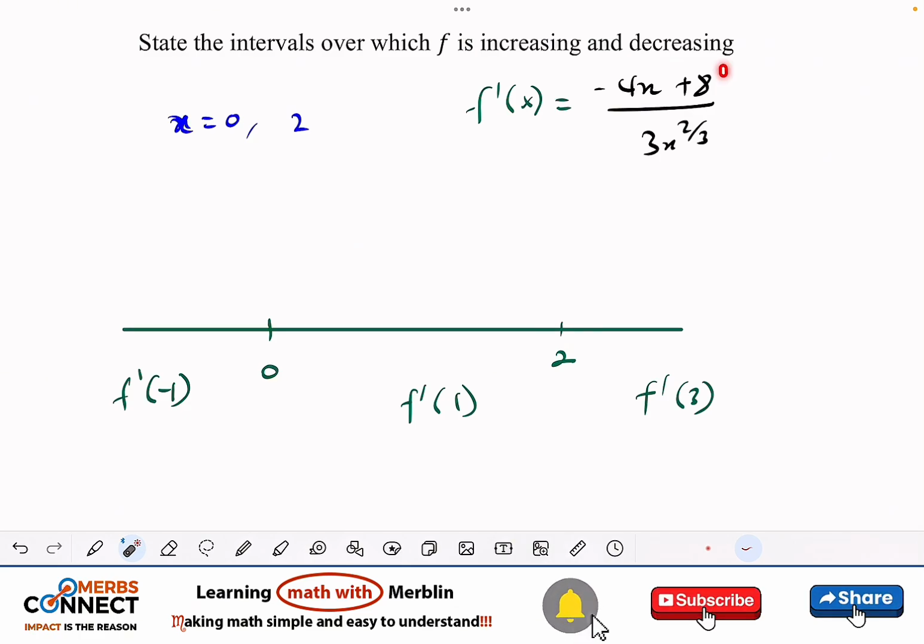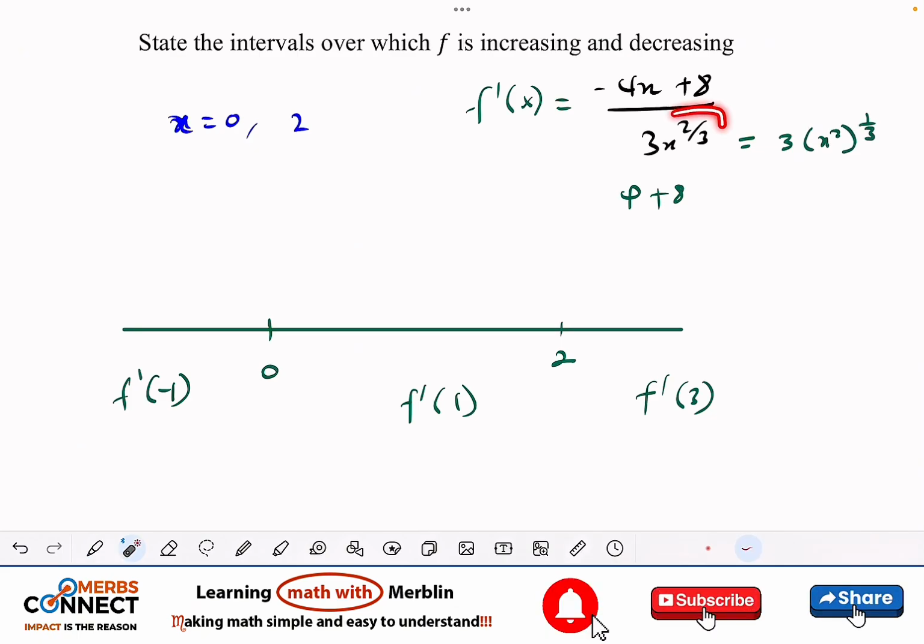So when I plug in minus 1 on the top here, I'm going to have 4 plus 8. And then when I plug in minus 1 here, guess what is going to happen? I'm going to have positive, because this is basically the same as 3x squared to the power 1 over 3, right?